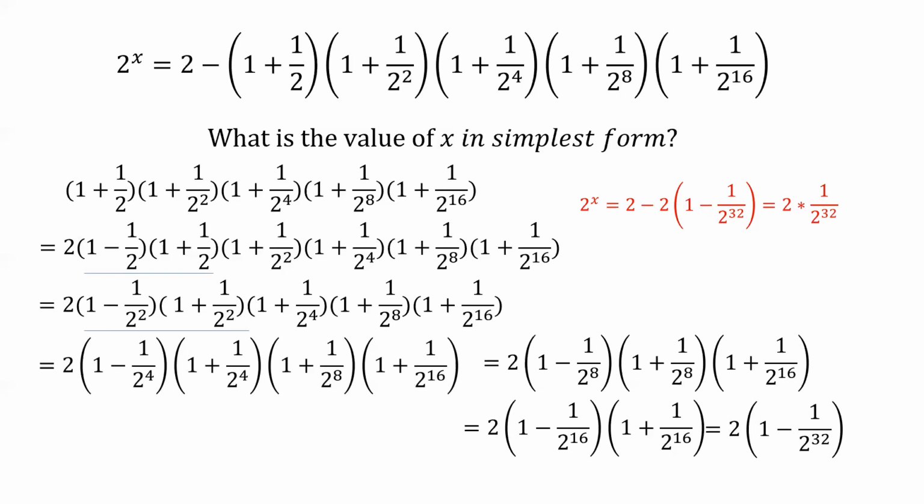And when we simplify this by removing the parenthesis, the 2 gets cancelled out, and we're just left with 2 multiplied by 1 by 2 to the power 32. And this we can further write, by laws of exponents, as essentially 2 to the power minus 31. So from this, it's simple to see that the value of x will be minus 31.